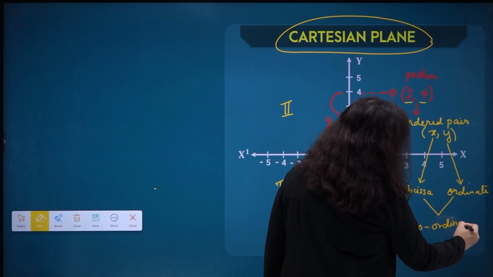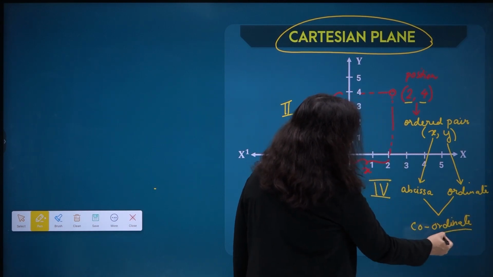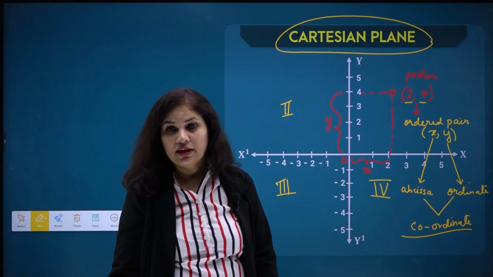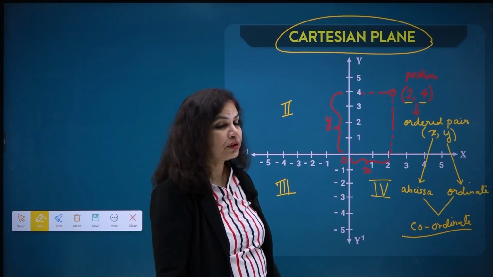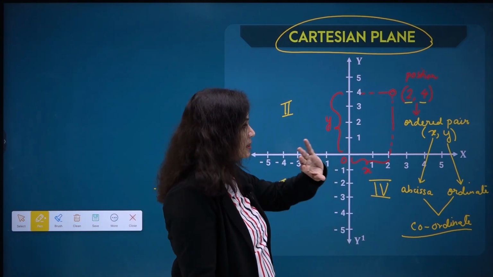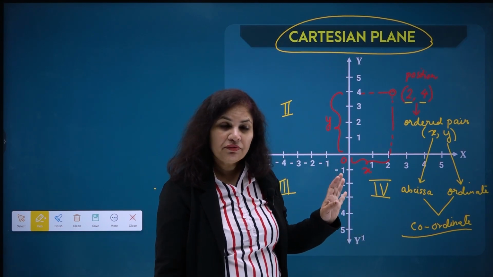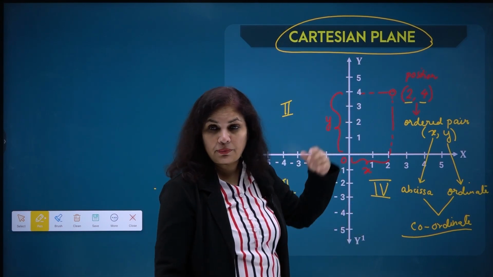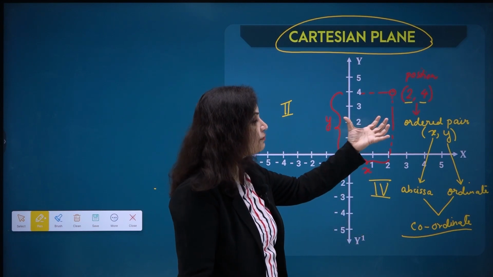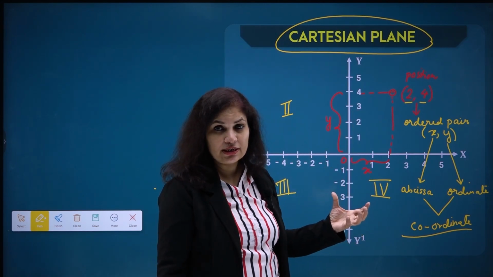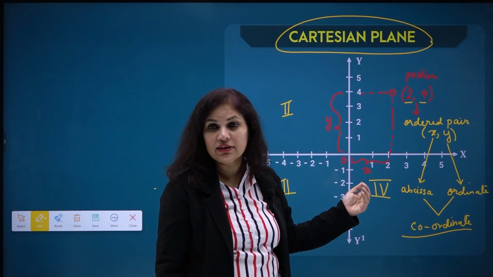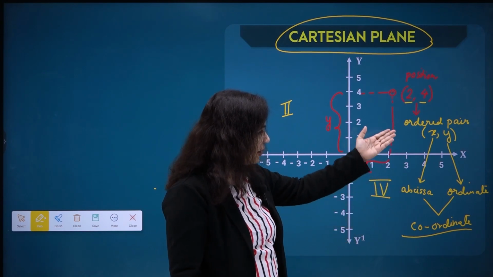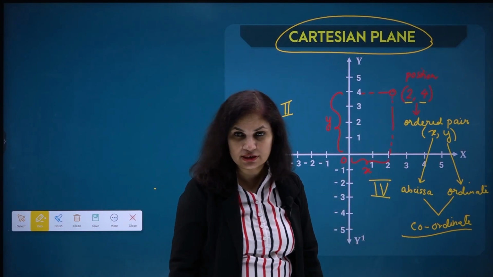And from here we know why we call it coordinate geometry, because throughout the chapter we will be dealing with this ordered pair, which consists of the x ordinate, abscissa, and the y ordinate, that is known as ordinate.